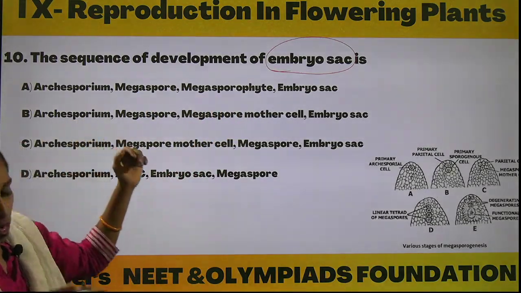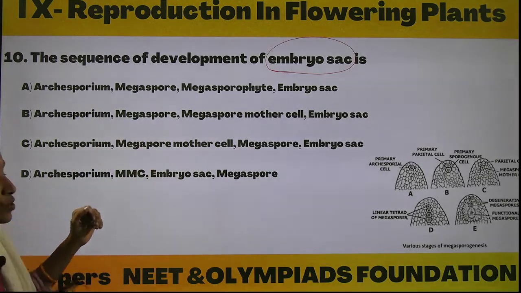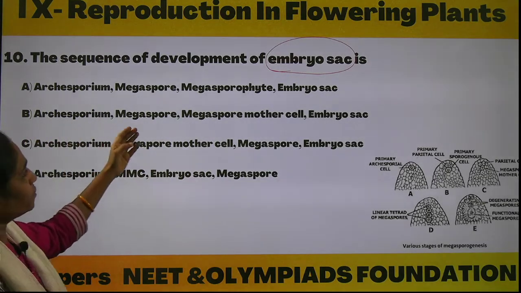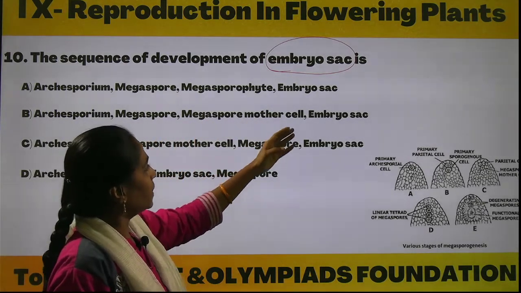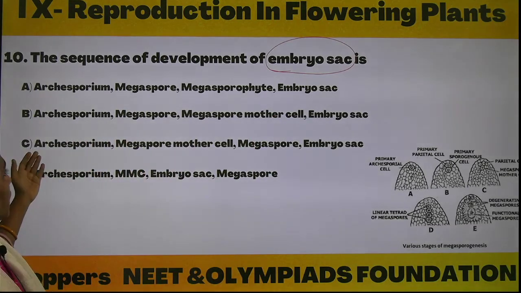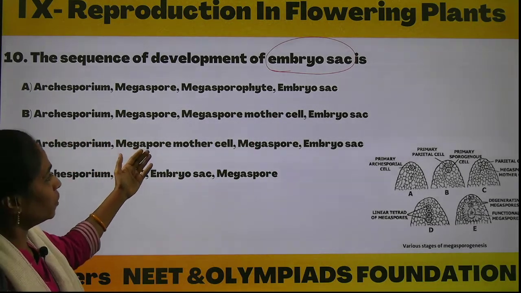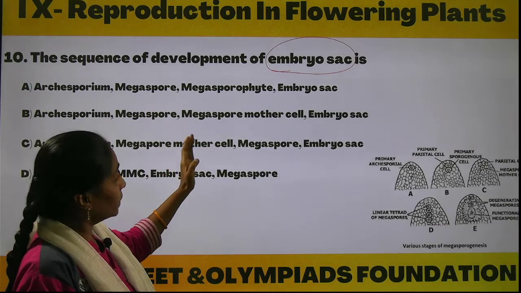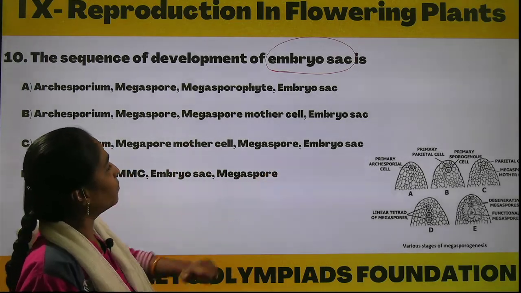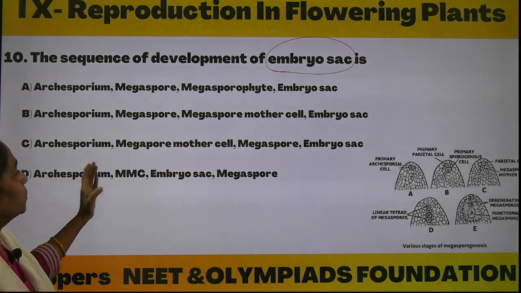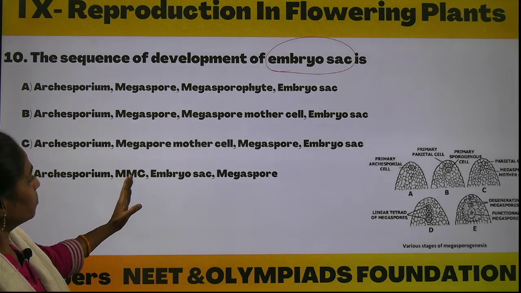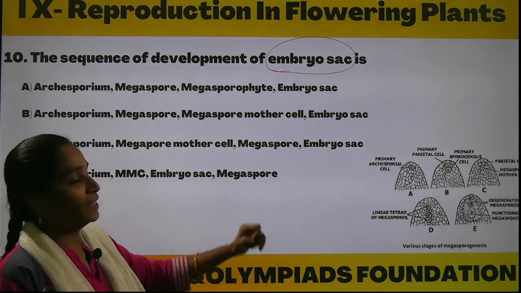Archisporium, megaspore mother cell and the embryo sac. Archisporium, megaspore mother cell, megaspore and the embryo sac, and Archisporium, megaspore mother cell, embryo sac and the megaspore.